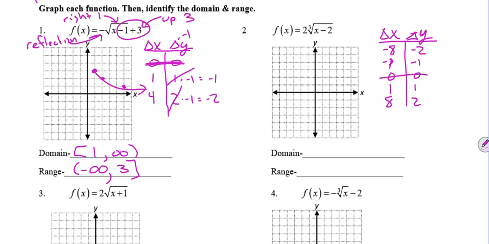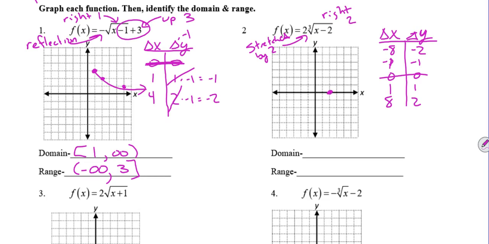Again, we don't care about that 0, 0. This is going to be right 2, and this is stretched by 2. So right 2 would put me right here.